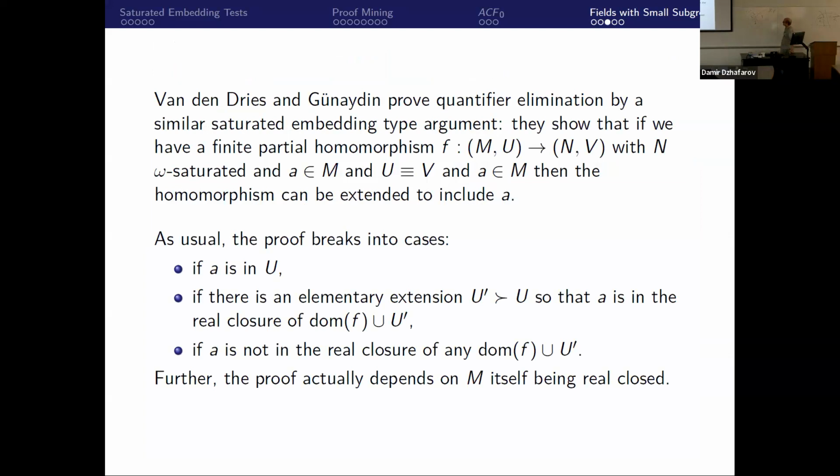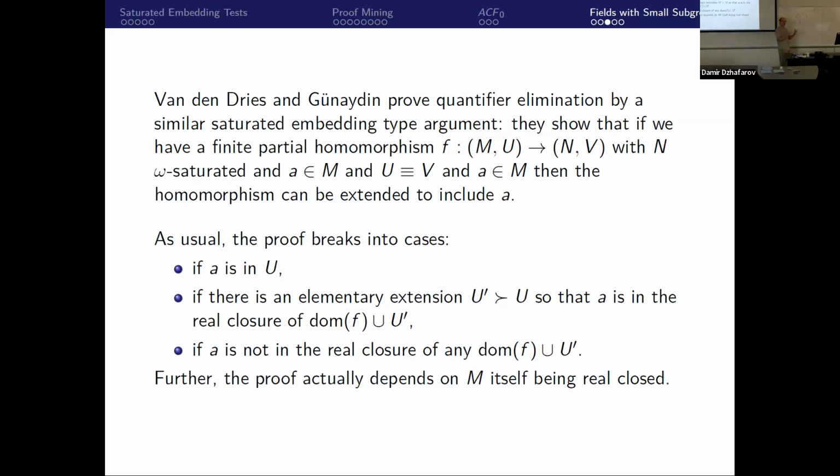The really messy case is the middle case, where essentially you pass to an elementary extension that could have other elements in it that come from this distinguished group, and then you look at the real closure of that.